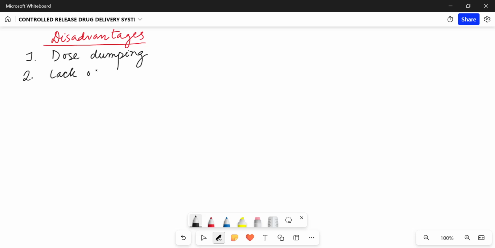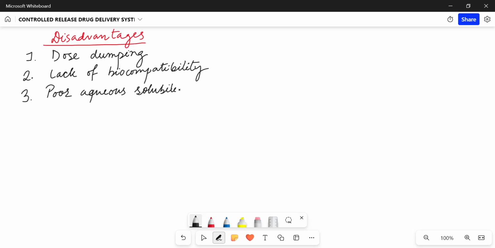Lack of biocompatibility. Poor aqueous solubility. And the fourth one is poor drug selectivity.